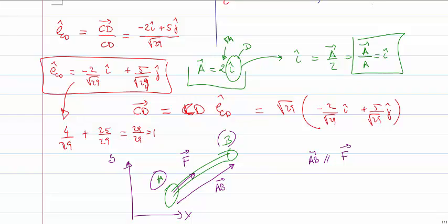So both of them have a unit vector, F as unit vector here, called e_F, of length 1, and position vector AB as unit vector e_AB, of length 1. Those two are the same vector.